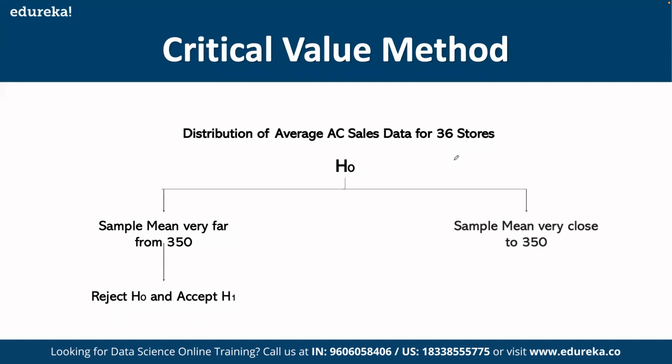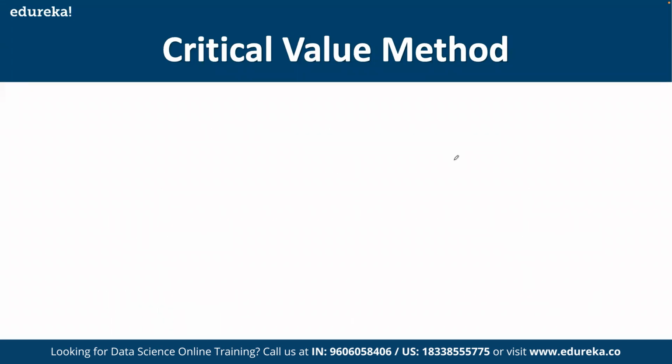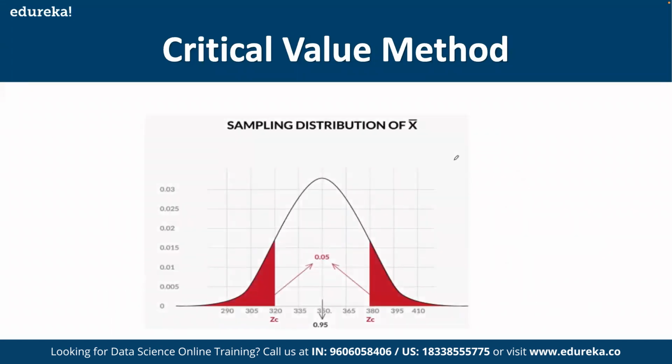On the other hand, if I've got a sample mean closer to 350, we do not reject the null hypothesis. We just proceed with the null hypothesis itself. That is how we make use of the critical value and perform the analysis.